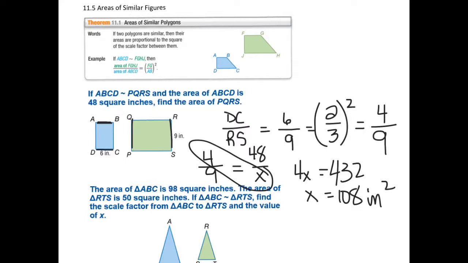Now the other way that I could have done this is 4 times what equals 48? 12. So multiply this by 12 and I get the same answer. X equals 108 inches squared.